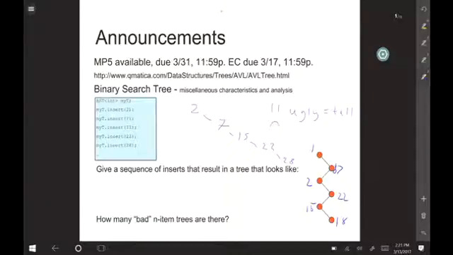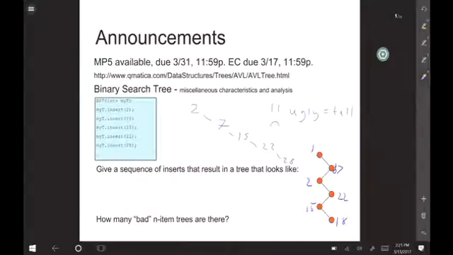so this one looks a little stranger, right? And if I had given you these values as a sequence of insertions like this, it would have been a little bit harder to identify the fact that they create an ugly tree. Now, what I want to know from you is, if I tell you that there are n items in a tree, so for this tree n was 6, for that tree up there n was 5, it looks like.